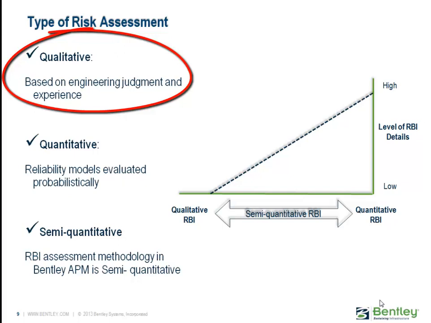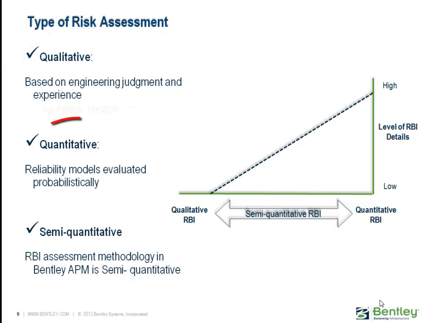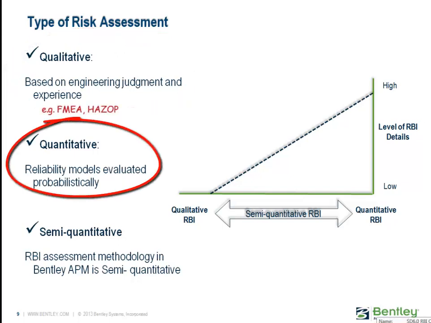The results of qualitative risk analysis are dependent on the background and expertise of the analysts and the objective of the analysis. FMEA and HAZOP are examples of qualitative risk analysis techniques. If consequence and failure probability values are estimated for each descriptive input in this analysis, then it becomes a quantitative risk analysis.